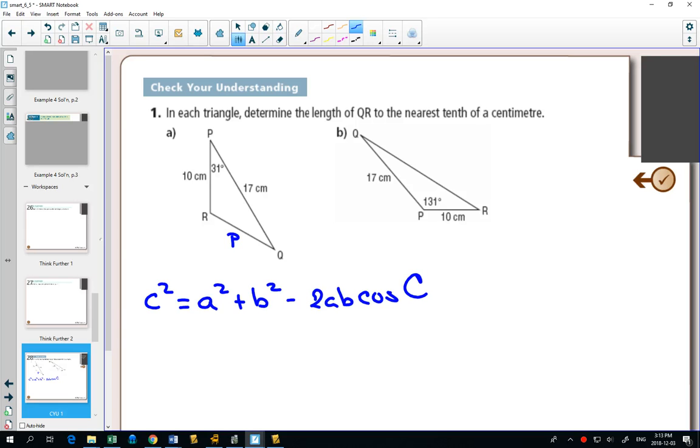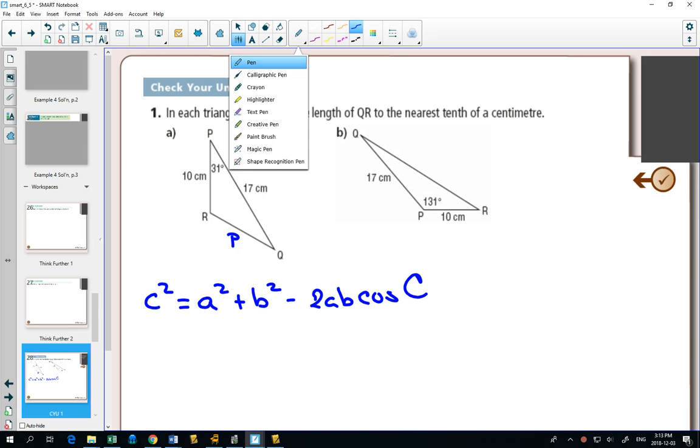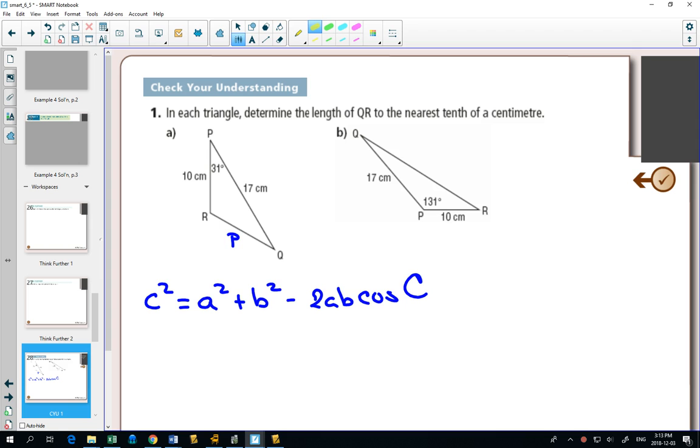No. We have p's, r's, and q's. The key thing to this cosine law and the sine law is the letters really don't matter as long as you make a relationship that this side c goes with the opposite angle C. That's the key thing in this formula.